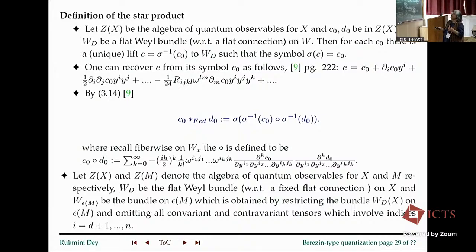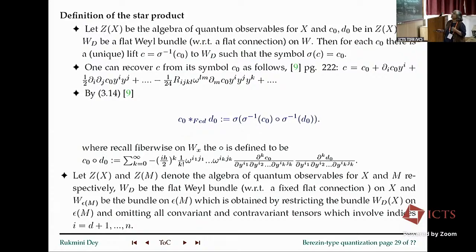And how is the formula? The formula is given by C equals to C0, del I C0, yi, and so on, and there is the curvature term which comes from this flat connection. So this is how you go back from C to C0 and C0 to C. So back and forth.